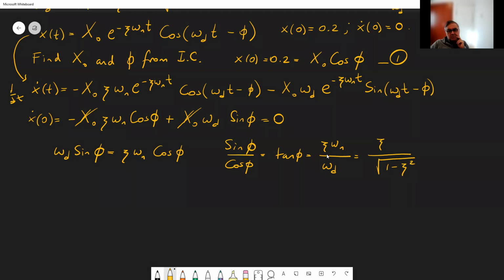But zeta is already very small, okay? So this is in general true, but this is approximately equal to zeta actually. So tangent phi is approximately equal to zeta, which is what, 0.0, oh, what was it, zeta? 0.06 something.